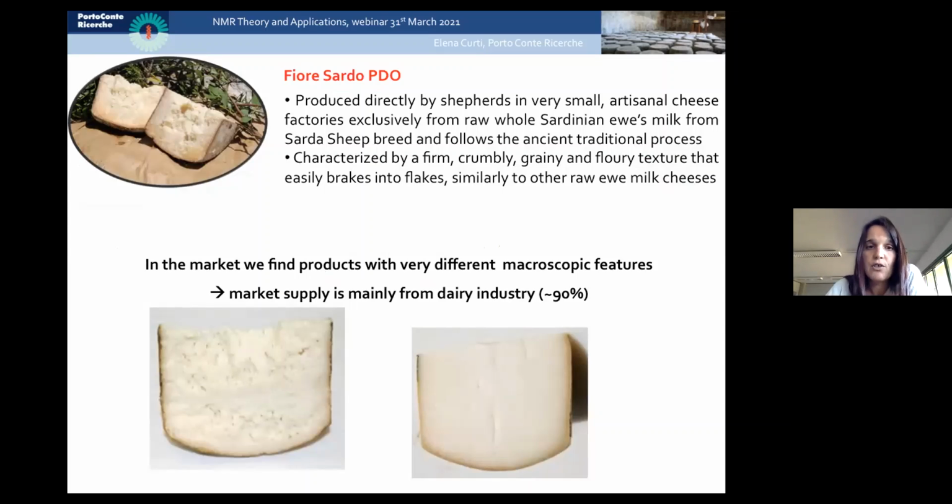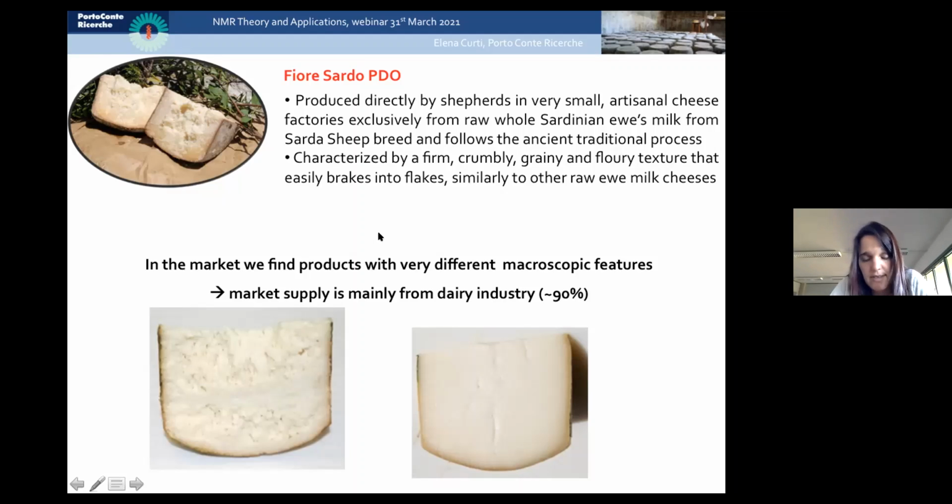However, if we go to any supermarket here, you can see that the market offer includes very different products. If you just look at these cheeses, if you can see the pictures, they are very different, because you can also find products that show a very smooth paste and do not have any of the features that the Fiore Sardo should have.